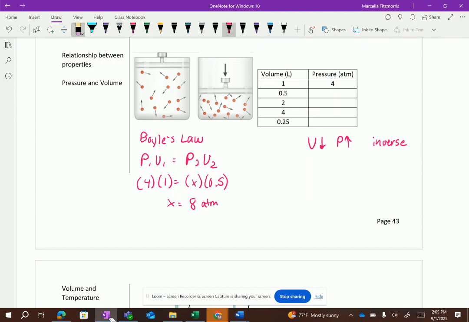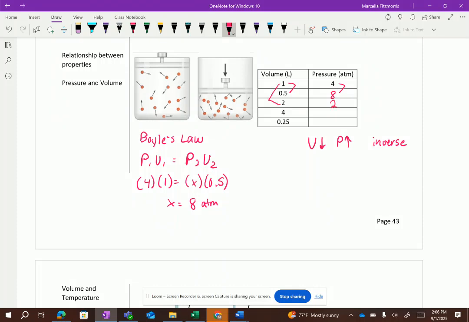And that's easy to do. But if it's a simple number like this, I'm not going to do that. What I look at here is that the volume was half, so I'm going to double the pressure. Here, the volume is double, so I'm going to half the pressure.